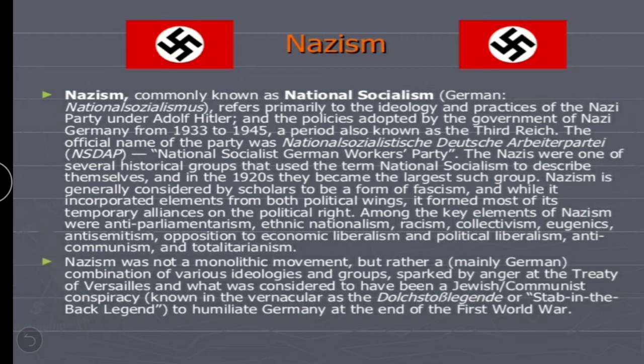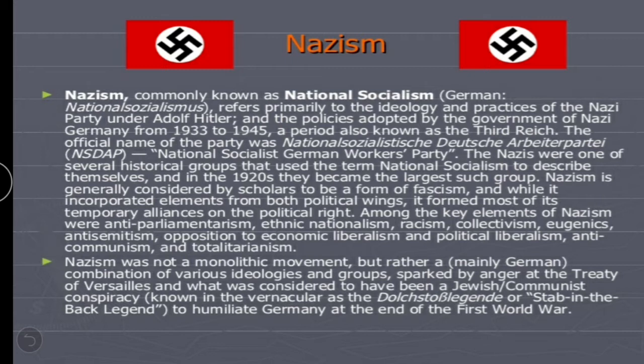Among the key elements of Nazism were anti-parliamentarism, ethnic nationalism, racism, collectivism, eugenics, anti-Semitism, opposition to economic liberalism and political liberalism, anti-communism and totalitarianism.